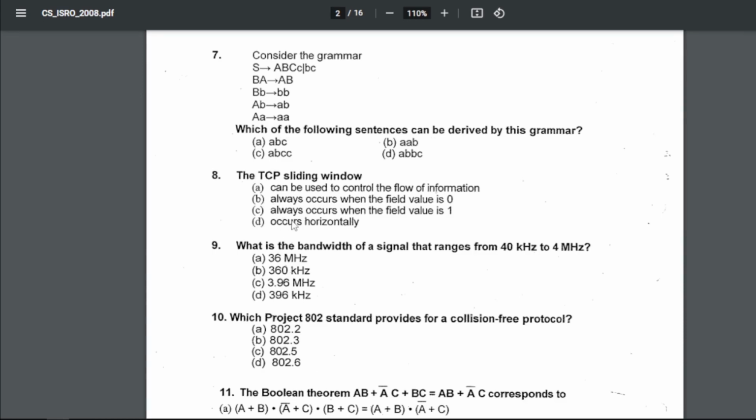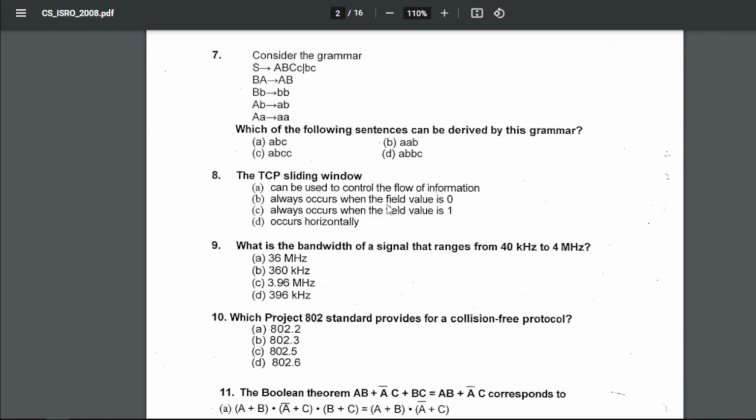Next is the TCP sliding window does what? So in all these options, the TCP sliding window can be used to control the flow of information, right? Basically TCP uses a sliding window mechanism for the flow control of data in transit on a network.